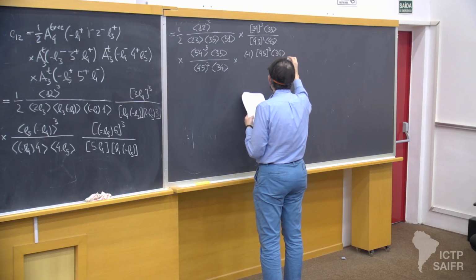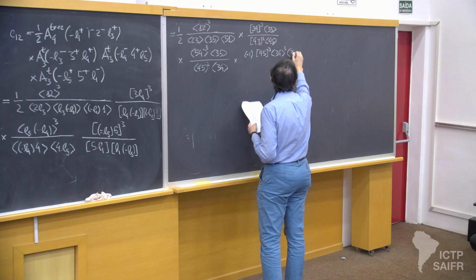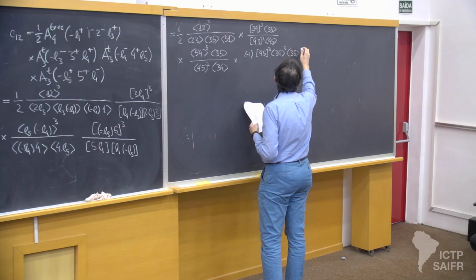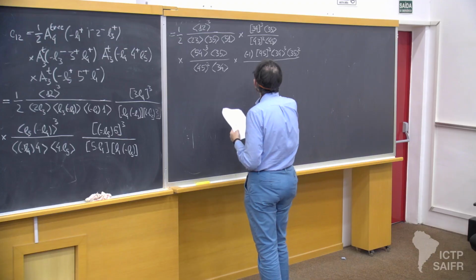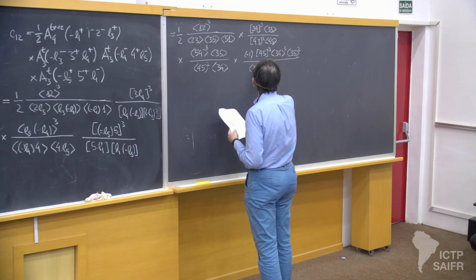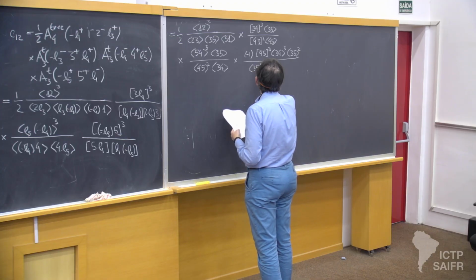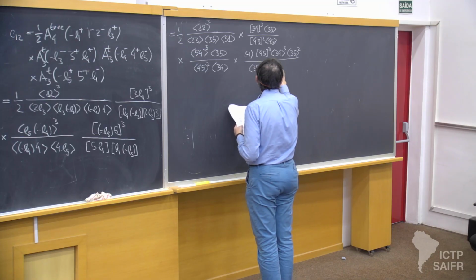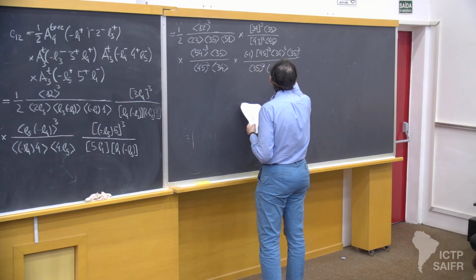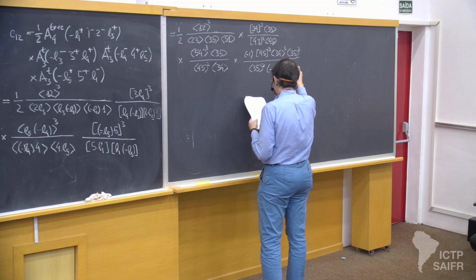So here we don't actually have to use momentum conservation. We just need to cancel things across the different factors. So sometimes you'll see that things cancel within the same factor, sometimes not.